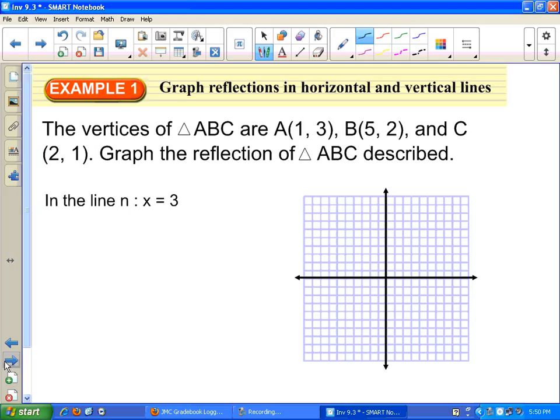So here we go. We have the vertices of triangle ABC at (1, 3), (5, 2), and (2, 1). So if I go through, I'll just plot my points. Over 1, up 3, over 5, up 2, and over 2, up 1. And I'm just going to connect them with a line.